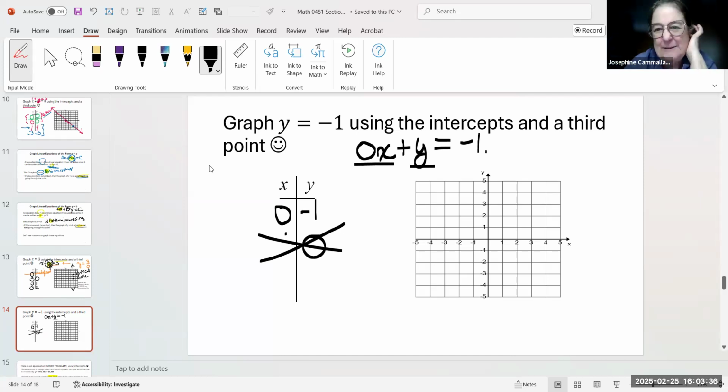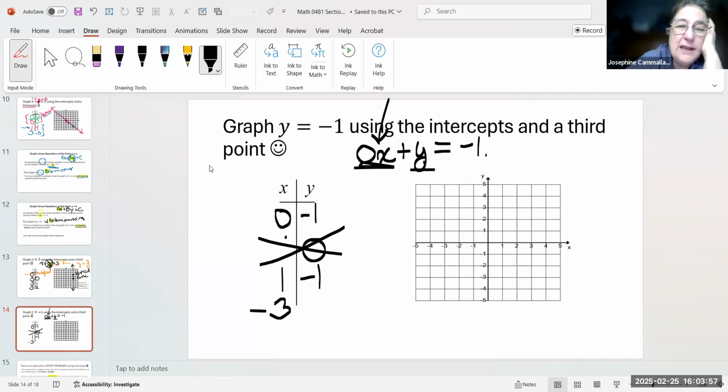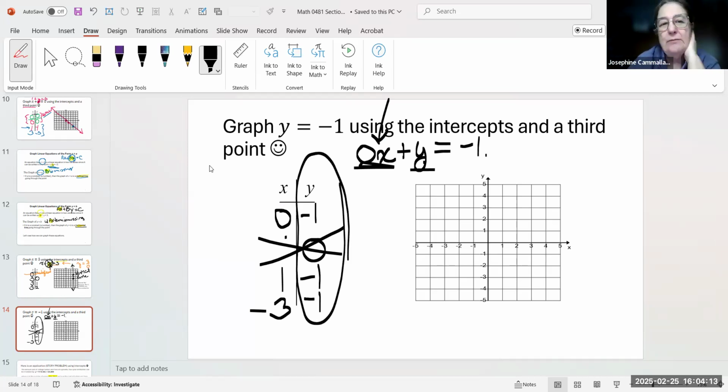This is undefined. But I can pick a number for x. This is still 0 plus y is equal to -1. If I pick a -3, 0 times -3 is still 0. And I get a -1. All of my y values are -1.